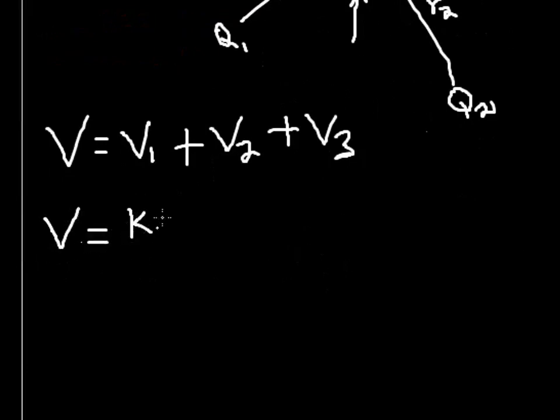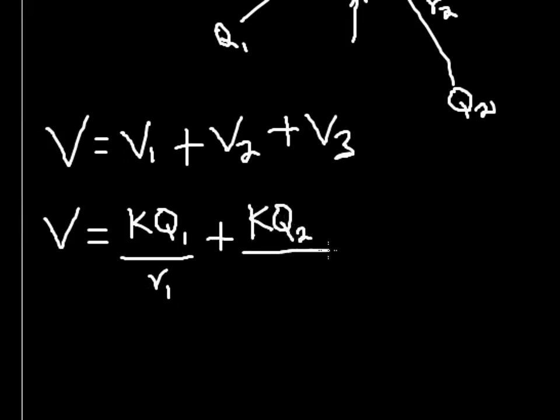That's going to be KQ1 all over R1, for V2 it's KQ2 all over R2, then plus V3, I have KQ3 all over R3.